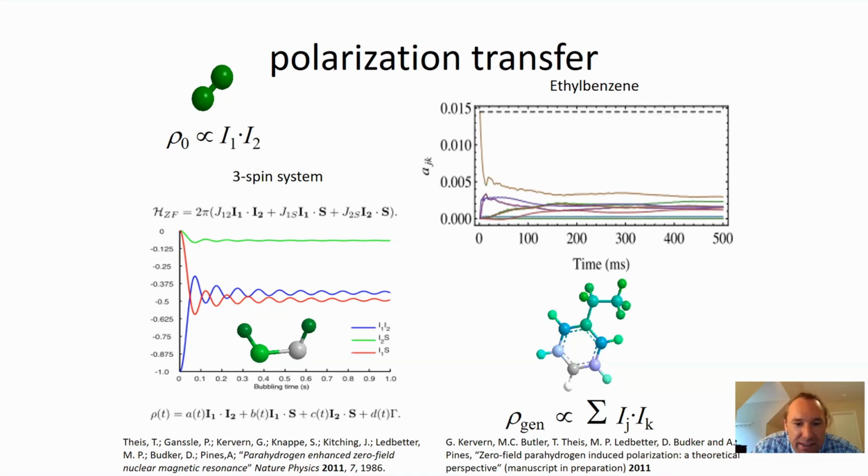So the end result is that the generated density matrix aligns with the J-coupling Hamiltonian. Notice that the symmetry of the Hamiltonian and of the density matrix that get formed is very similar. They're both these kinds of scalar orders.